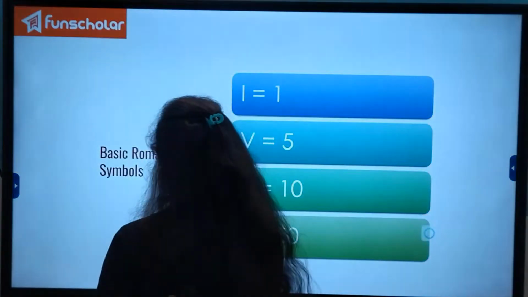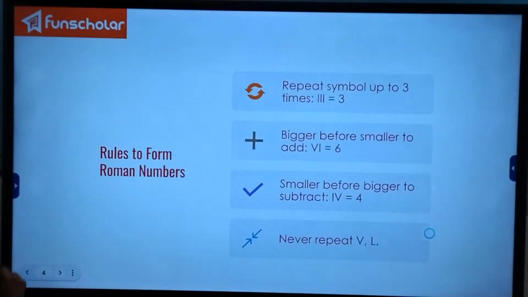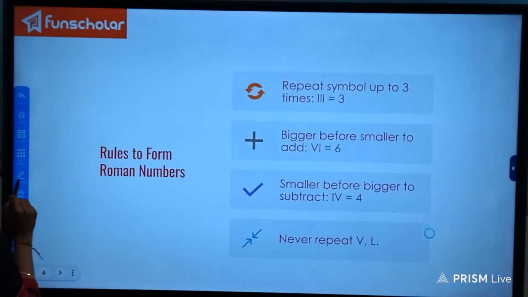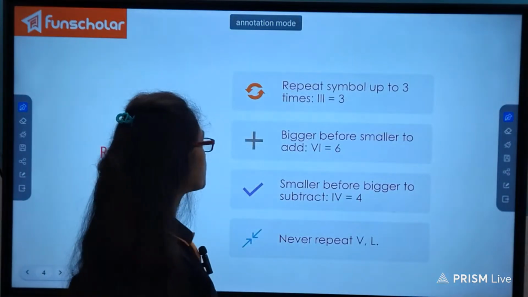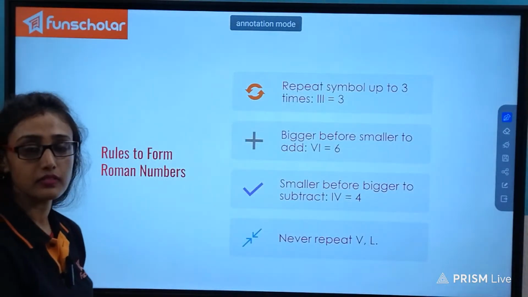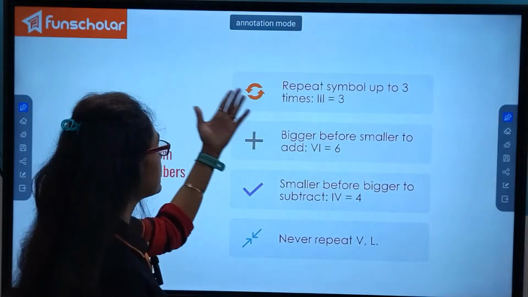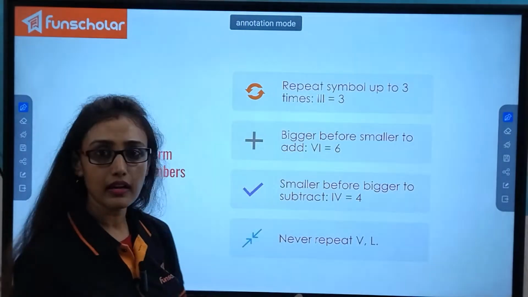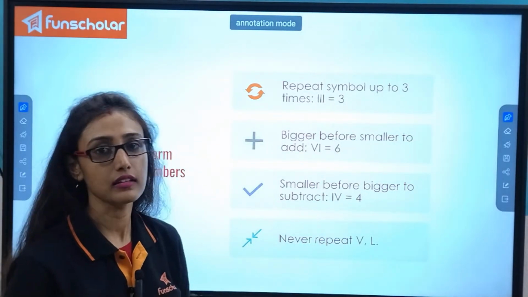Now Roman people have set some rules. The question comes: why are Roman numerals so rule-bound? We don't have such rules when we write other number systems. The numbers here are very complex; in a coded form they write the number.